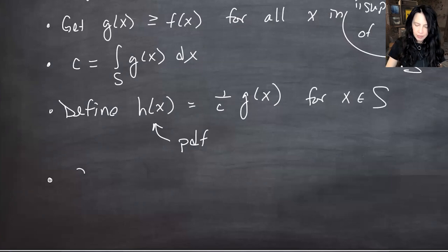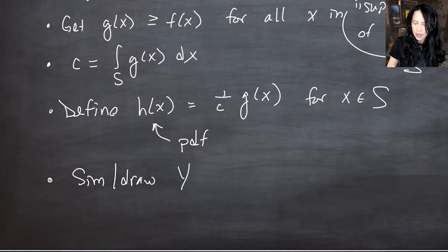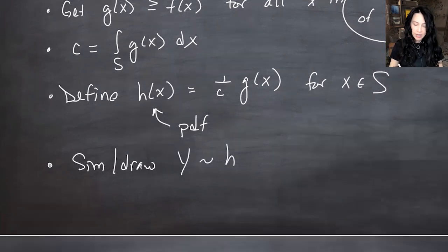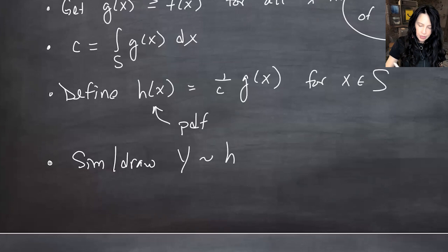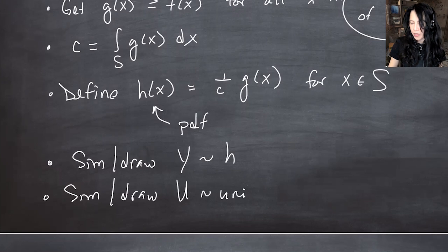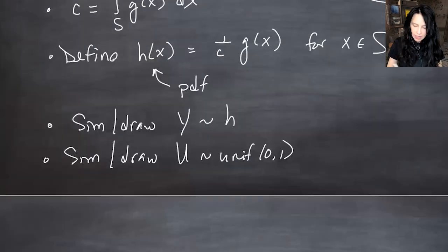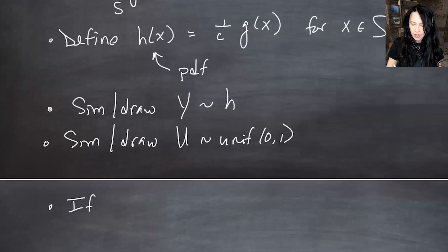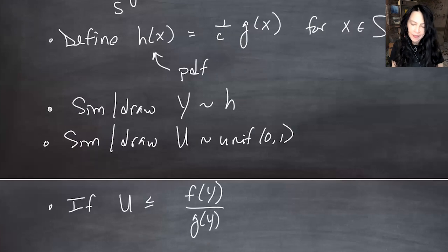So you simulate or draw a y from the distribution with PDF h. You simulate or draw a u uniform 0, 1, and if u is less than or equal to f of y over g of y, there are a couple of ways to write that.